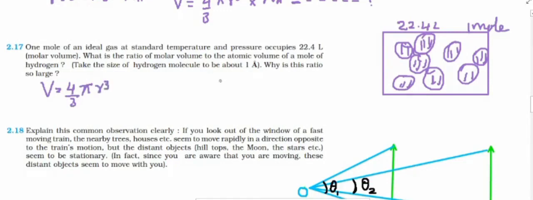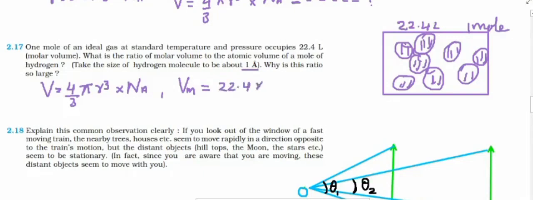R you have to take as 1 angstrom, that means 10 power minus 10, into the total number of molecules in 1 mole, that is Avogadro number. Now, how much is the molar volume, the total volume of the box where these molecules are occupied? That is molar volume, which I will write as Vm, is equal to 22.4.